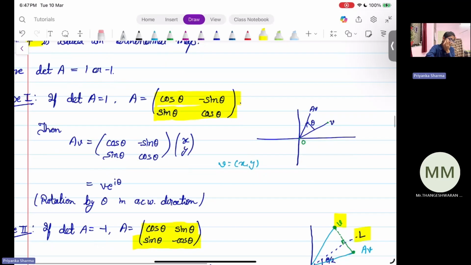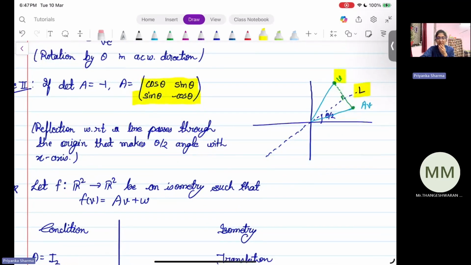But in reflection, we consider this angle as half of theta. So what is reflection? Reflection is with respect to a line passing through the origin, and this line makes an angle theta by 2 with the x-axis. So this is half of the angle theta, which is represented in the matrix form. Okay.